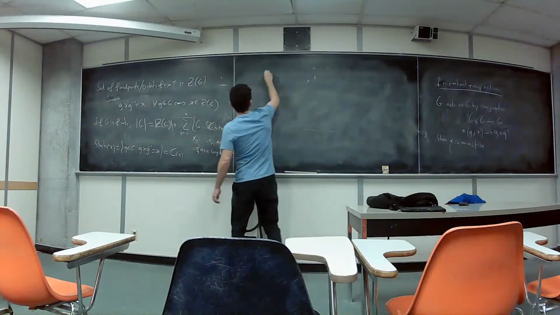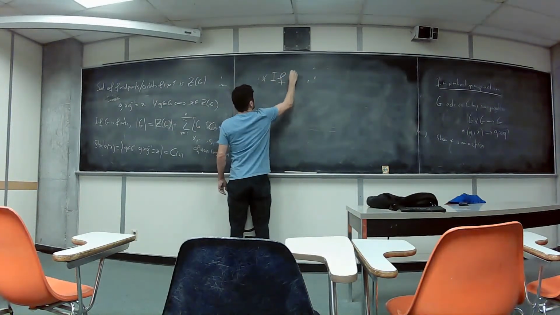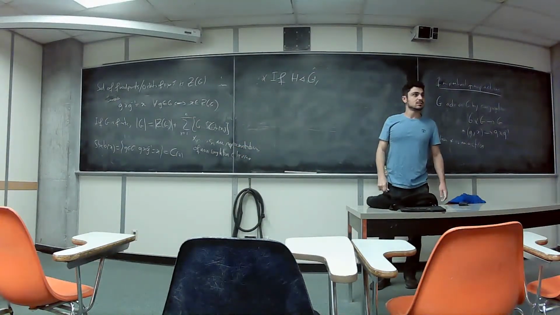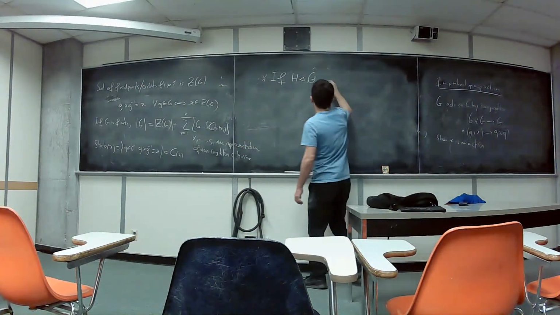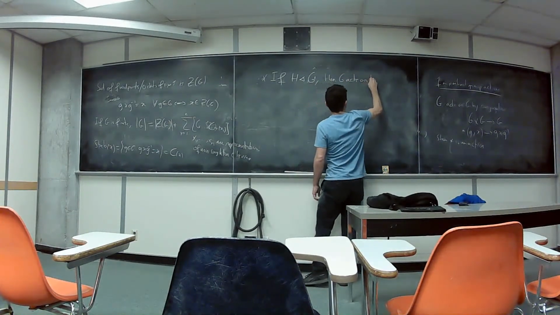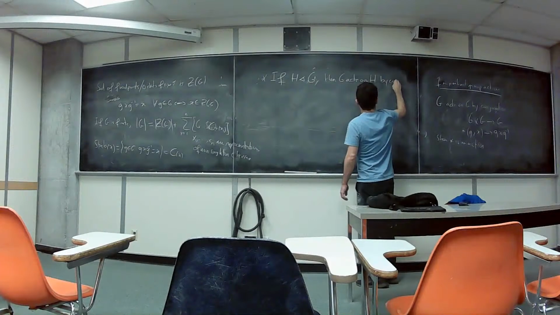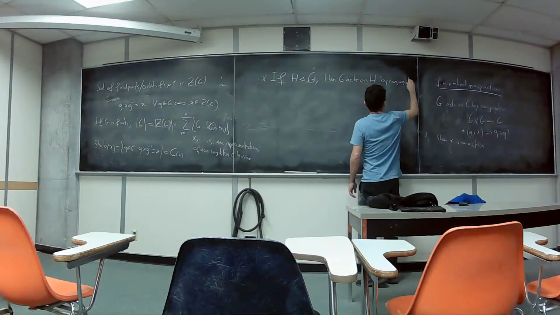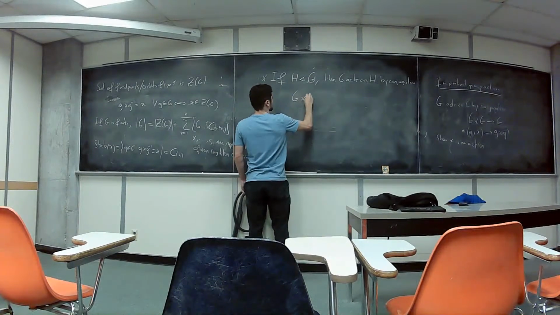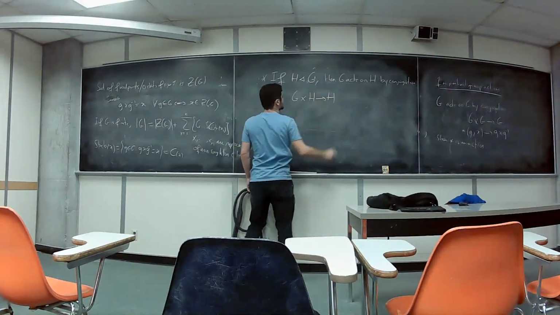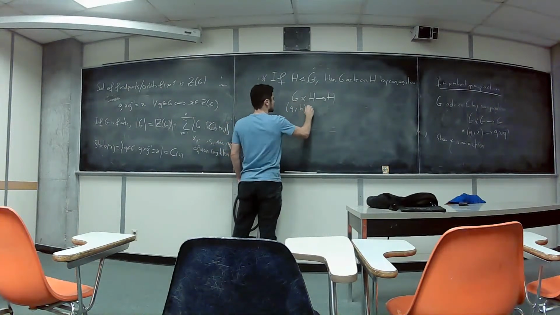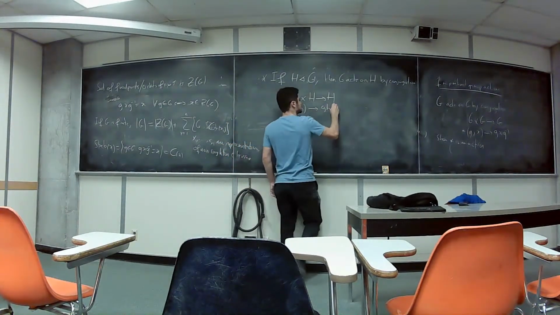If H is a normal subgroup of G, then G acts on H by conjugation. G cross H to H, that sends (g, h) to g h g inverse.